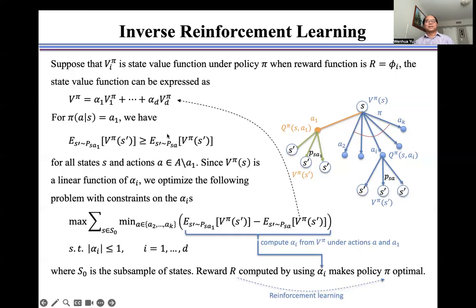And then we use this relation in the optimization with constraint above. We get this optimization problem with the constraint on the coefficients alpha. The inner part, as we mentioned before, is that we try to find the action in the action space, except the optimal action A1, that minimizes this difference.